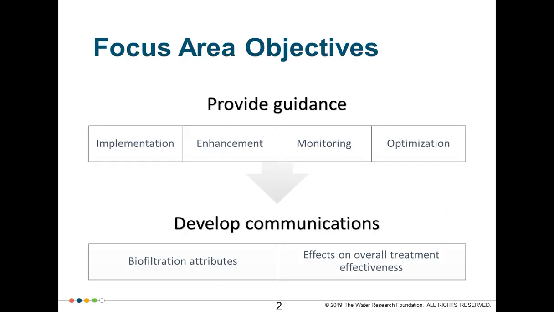Recently, biofiltration has been a topic of interest for a number of Research Foundation subscribers. Recognizing this, the Foundation funded the Biofiltration Research Area in 2012 with a goal to determine biofiltration effectiveness at removing multiple contaminants, define benefits and communicate to key stakeholders, and provide utility guidance on optimizing biofiltration.